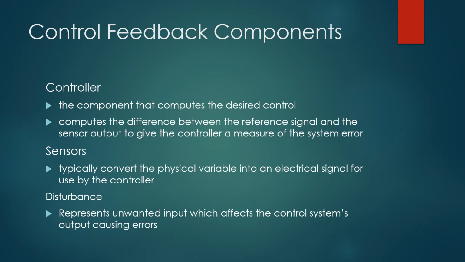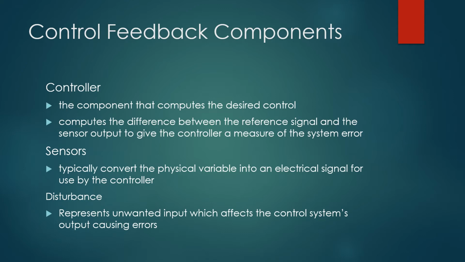A good control system is able to compensate any changes coming from the disturbance coming in through the plant. Or it could compensate any changes coming from the sensor noise, which in turn affects the signal input for the controller.